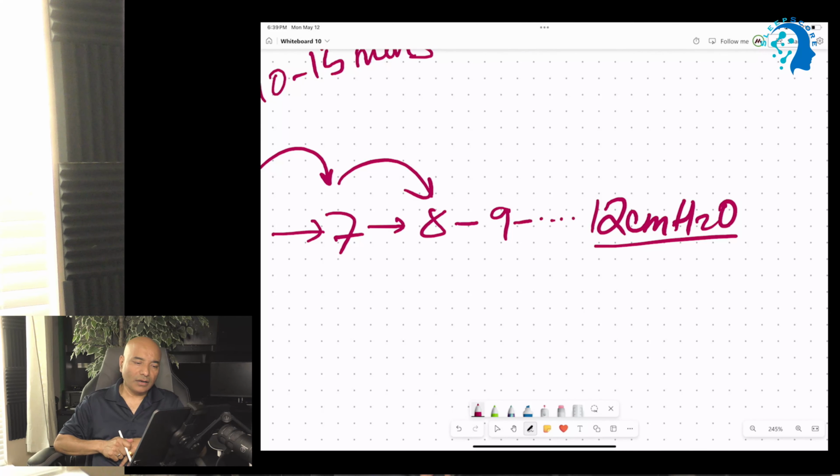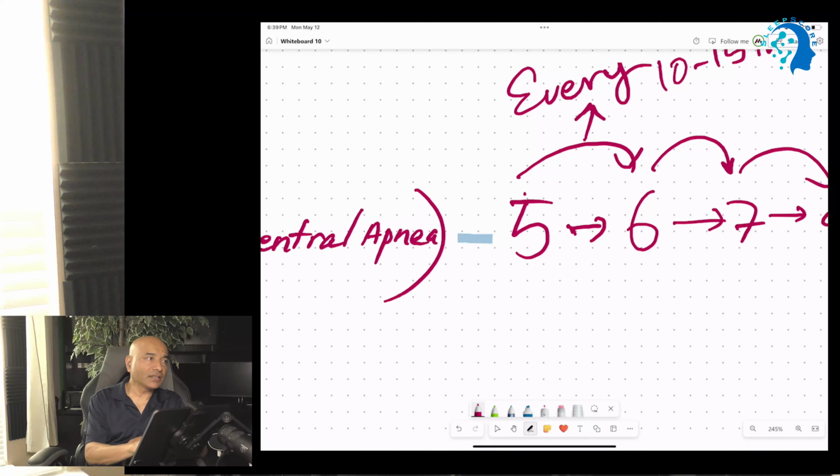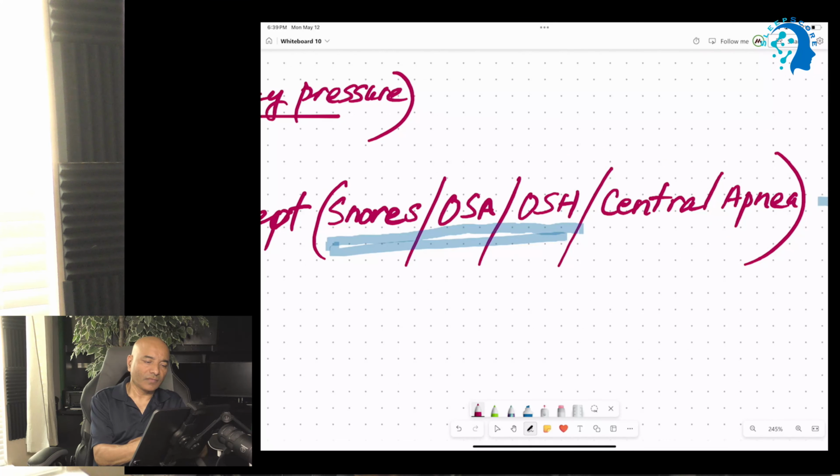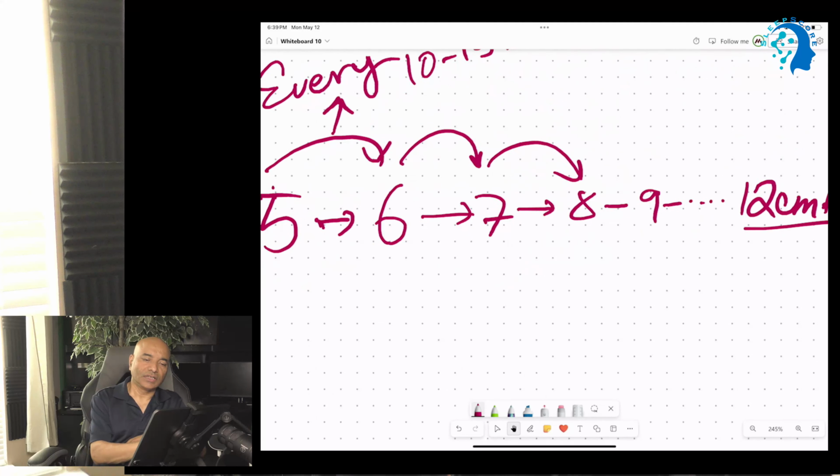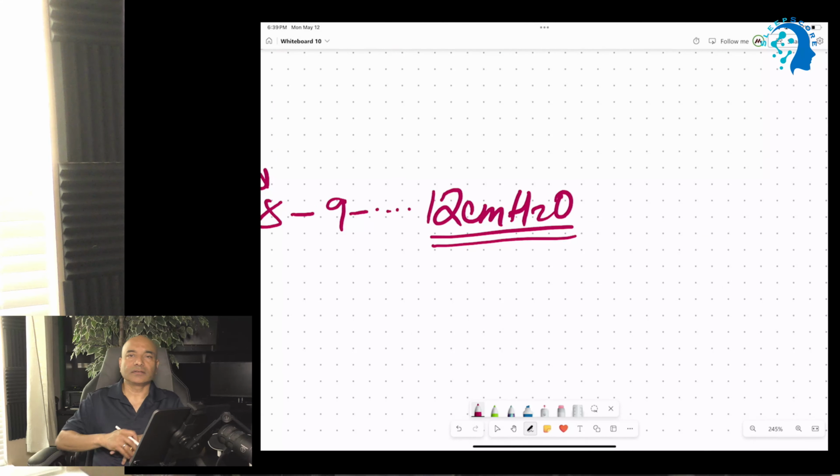After you increase pressure to 12, you did not see these things. No snore, no obstructive apnea, no hypopnea, no central apnea. Then you fixed the patient. You did a great job. Okay? This is called CPAP.